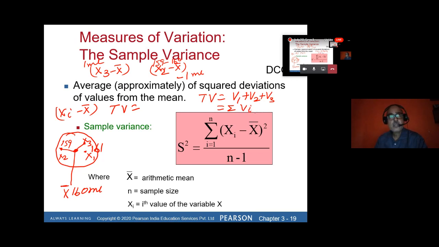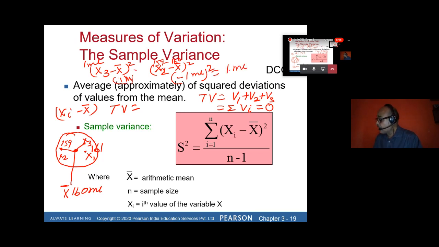If you add all the variations, some are positive and some are negative, so total variation is always 0. To eliminate this, a new concept was incorporated. Either it is minus or plus, if you take the square of all the variations, minus 1 ml will also become 1 ml.